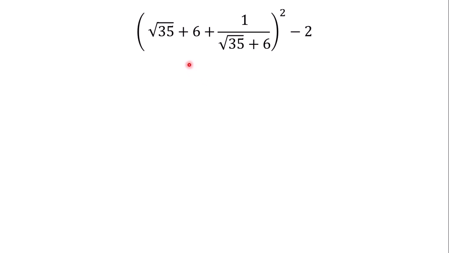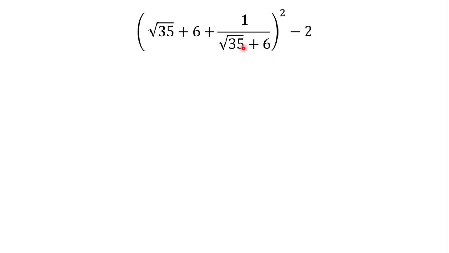Okay. This one is square root of 35 plus 6 plus 1 over square root of 35 plus 6. Good. All raised to the power 2 minus 2. Well, what we are going to do here is that, remember the other time in our differentiation problem that we solved, we rationalized.